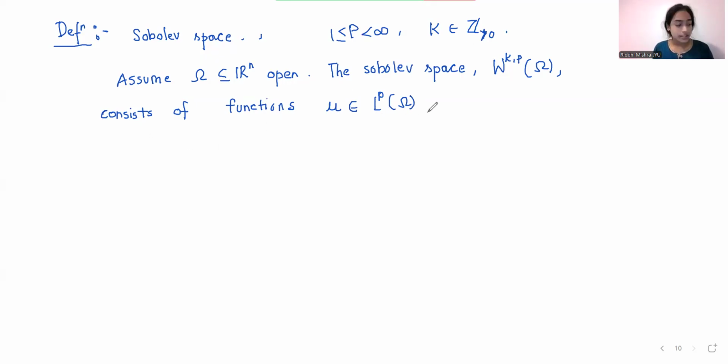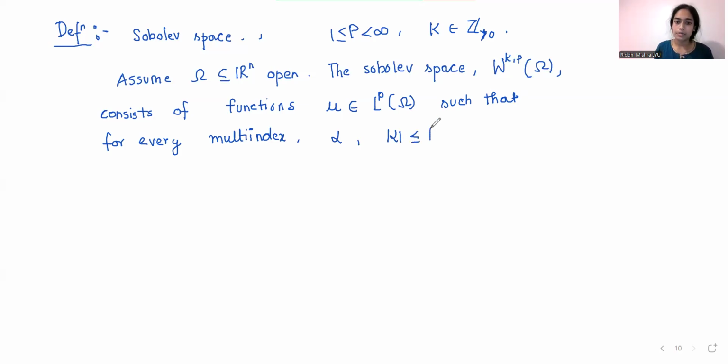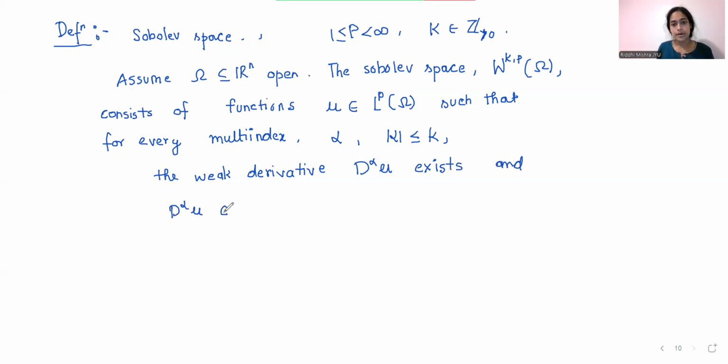Then it consists of functions U which are LP integrable such that for every multi-index alpha with order less than or equal to K, the weak derivative d alpha U exists, and all these weak derivatives belong to LP.